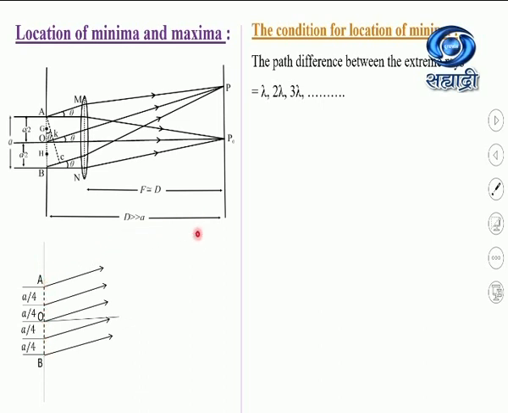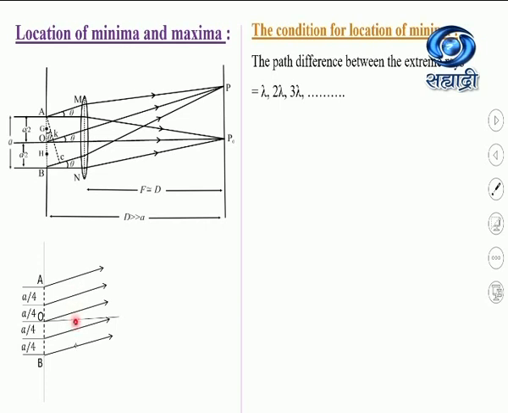When they arrive at a certain point on the screen, they have the path difference which is equal to lambda by 2. If we take the extreme rays from the first part, when they reach a point on the screen, they will have the path difference equal to lambda by 2. When we consider the extreme rays from the second part, when they arrive at the same point on the screen, they will have the path difference equal to lambda by 2.